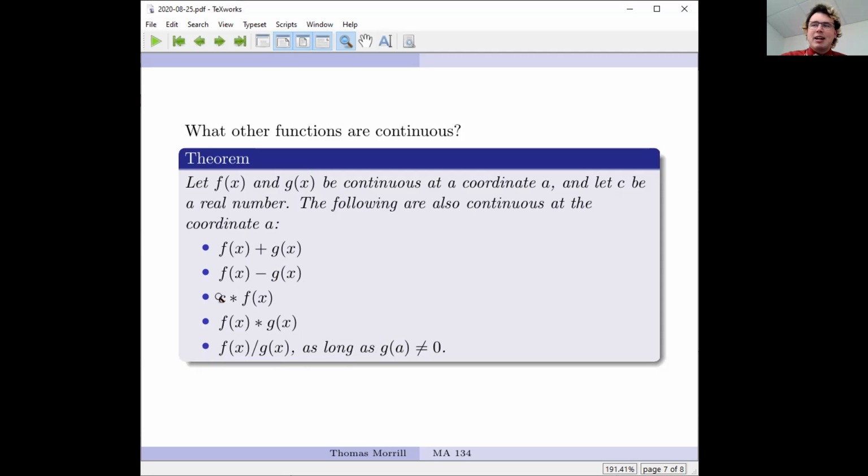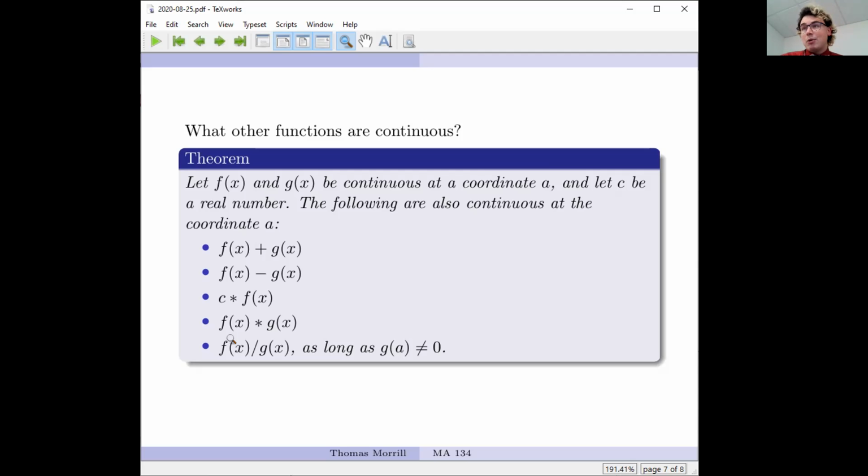I can factor constants out. I can treat limits separately when I'm multiplying 2 different functions, and I can treat limits separately when I'm dividing 2 functions. These are all things that I've mentioned about limits previously, but the idea carries on to talking about when functions are continuous or discontinuous.